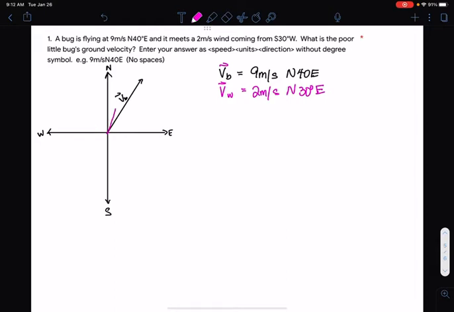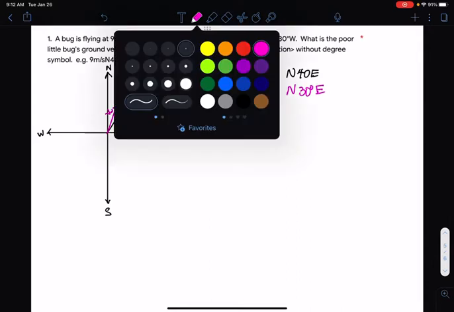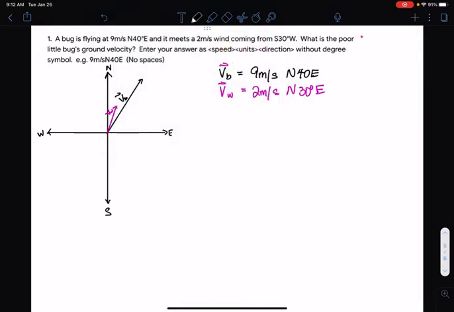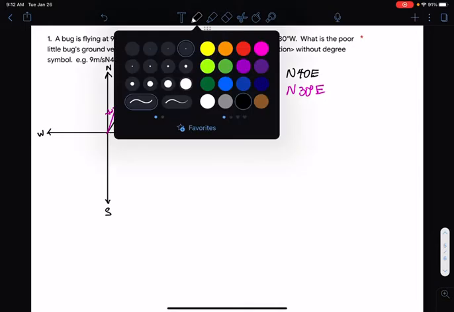So that's going to go here, velocity of the wind. And really we're looking for the sum of those two vectors. So this is a really small diagram, which I will enlarge in a moment.